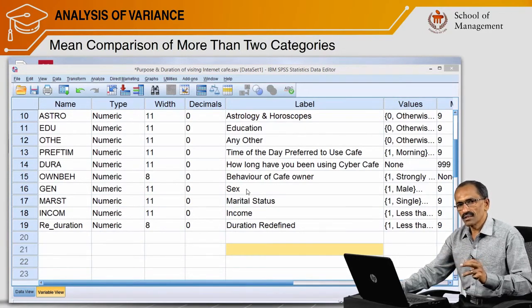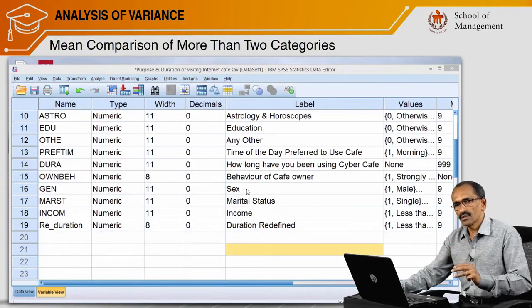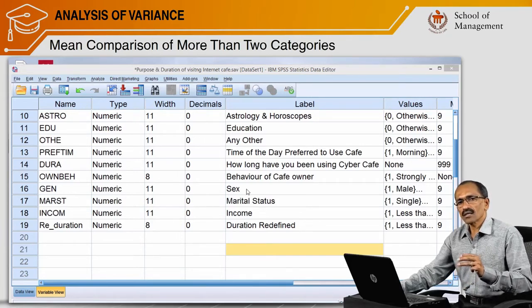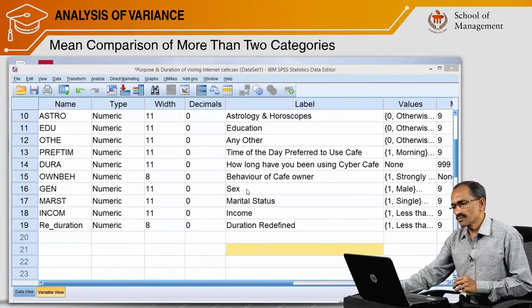The first question, the purpose of the test: the purpose is to find out whether the mean value is equal across categories. What is the meaning of the mean value across categories? Let's say we have two variables here. One is, say, job satisfaction of employees.